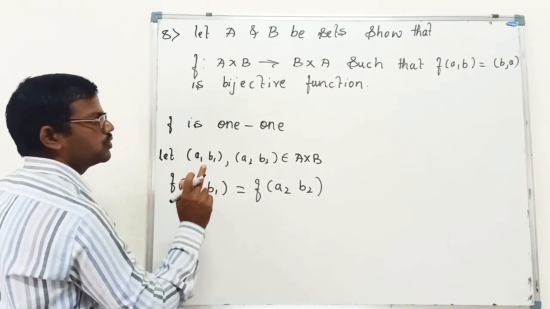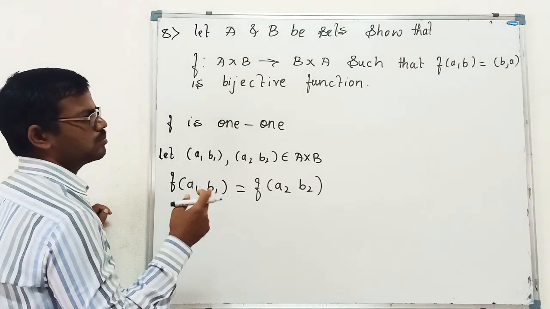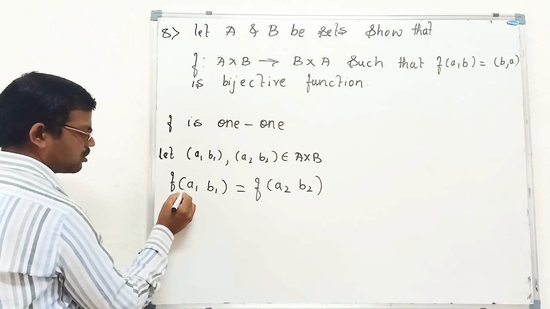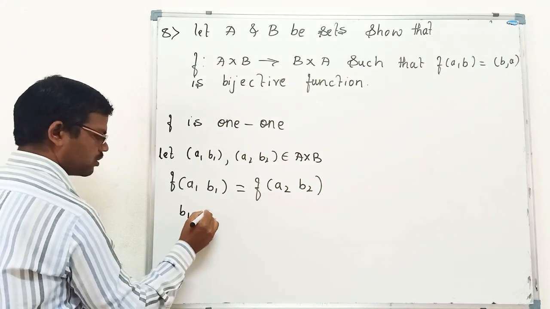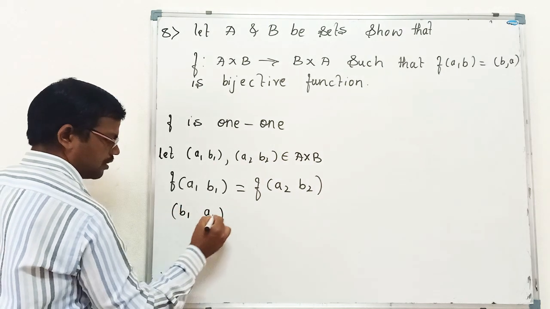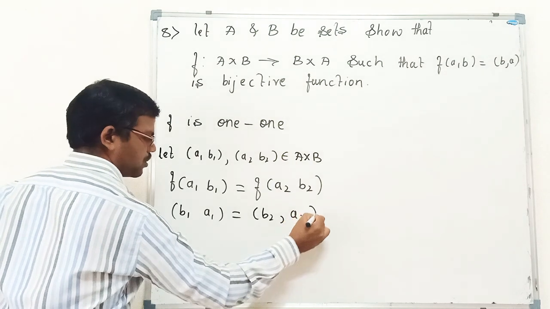Using the definition, the image of (a, b) is (b, a). So the image of f of (a1, b1) is (b1, a1), which is equal to (b2, a2).